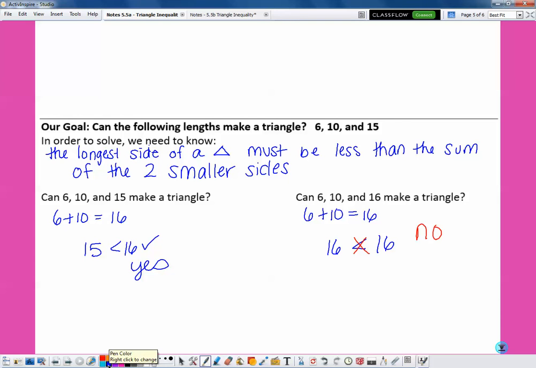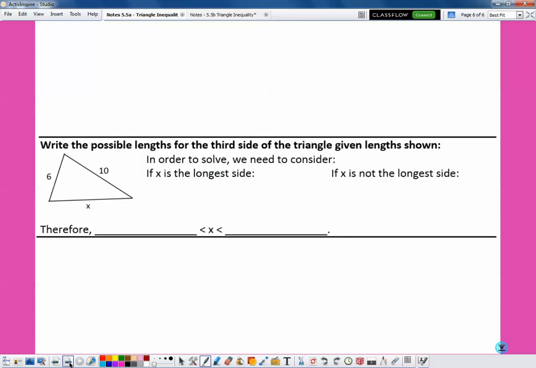What if we wanted to determine the possibilities for the third side? Write the possible side lengths for the third side of the triangle given the lengths shown. In order to solve this, we need to consider that if x is the longest side, x has to be less than 10 plus 6.